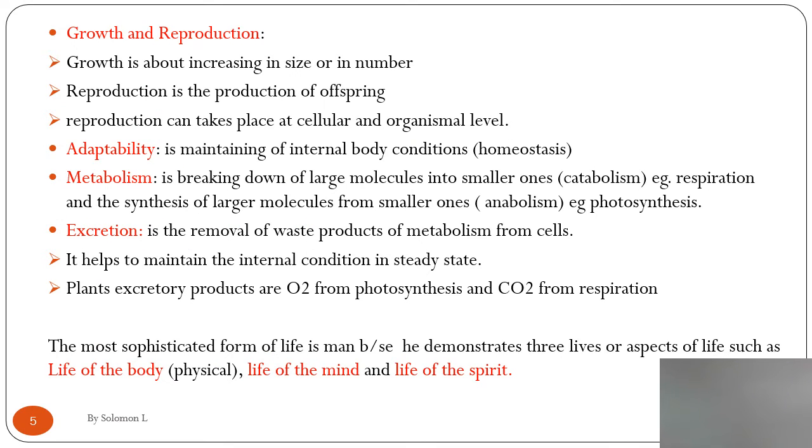Growth and reproduction are other nature and characteristics of life. So growth is about increasing in size or increasing in number, because multicellular organisms can increase in their size, whereas microorganisms are increasing in number.